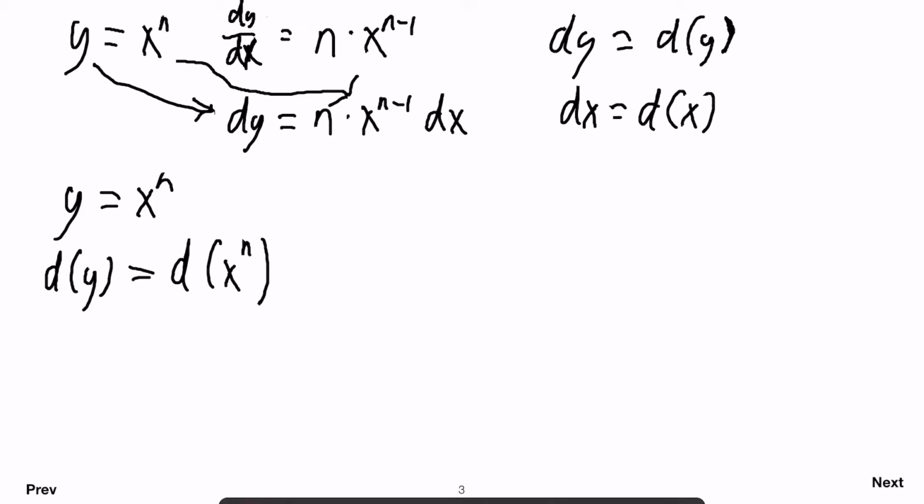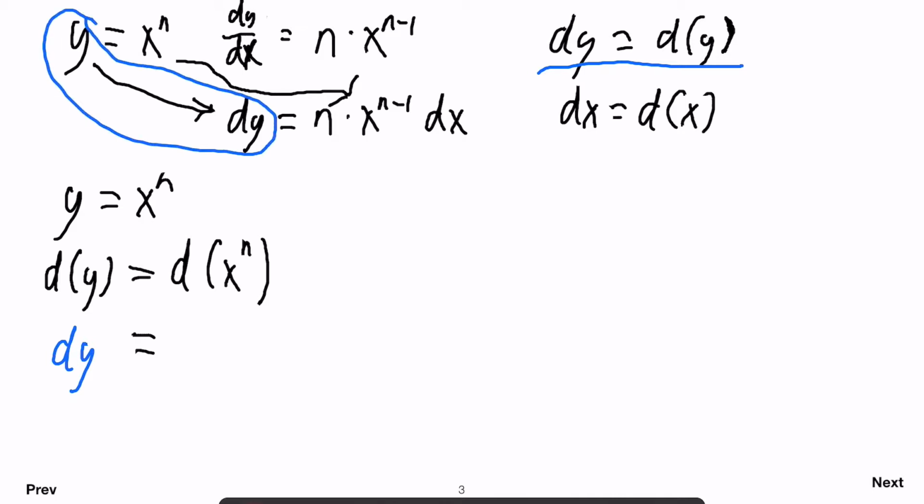So I'm going to take the differential of both sides. Using the same rule, we said earlier that dy is just another way of saying the differential of y. So I can write this as just dy, and that's equal to, well, if we took the differential of this side to get that, then when we take the differential of this side, we'll get this.